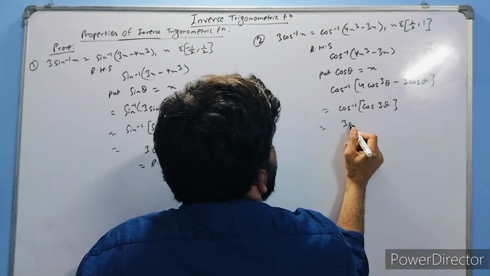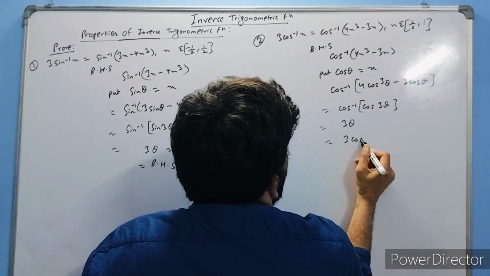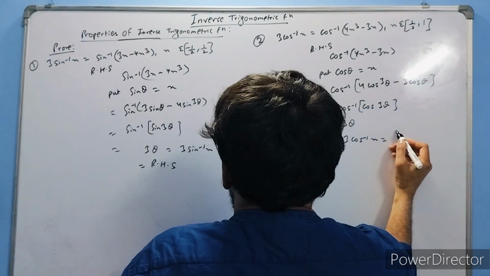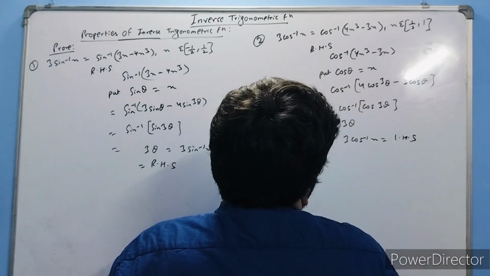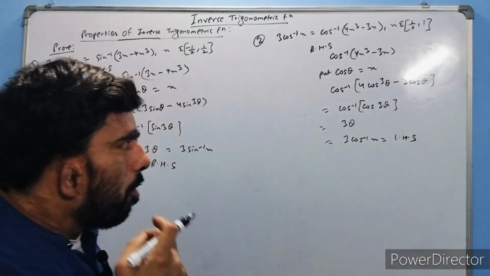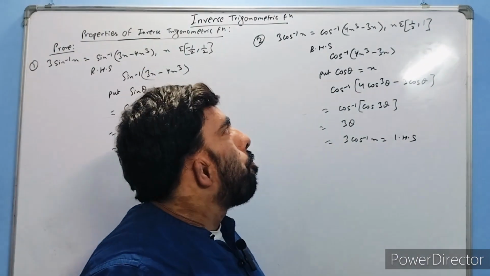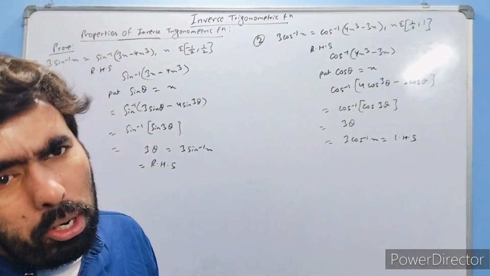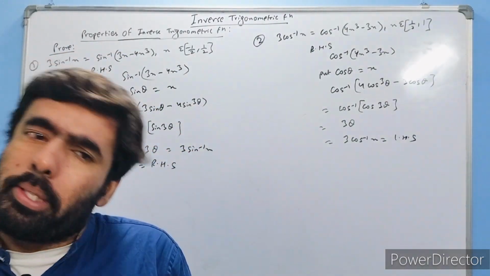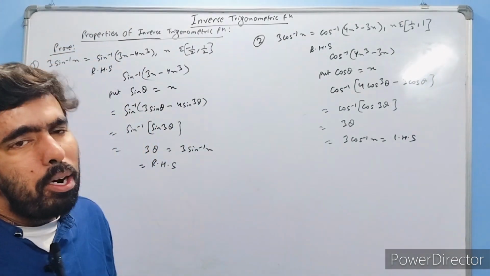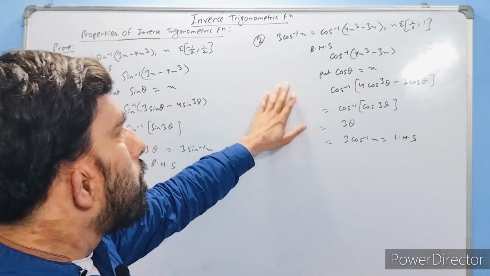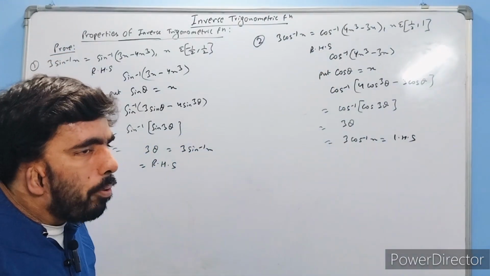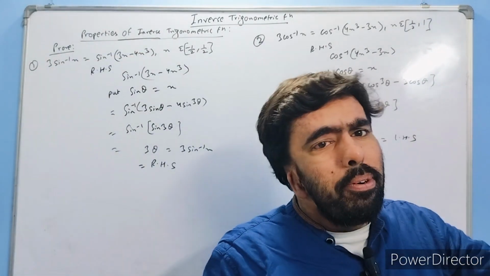Now I have 3 theta, which is 3 cos inverse x, so here we have the LHS equal. Here also we have applied the identity of cos 3x, that is 4 cos cube x minus 3 cos x. This is the identity of cos 3x which we have applied, so it becomes equal. So this is how we can easily prove such kinds of questions.